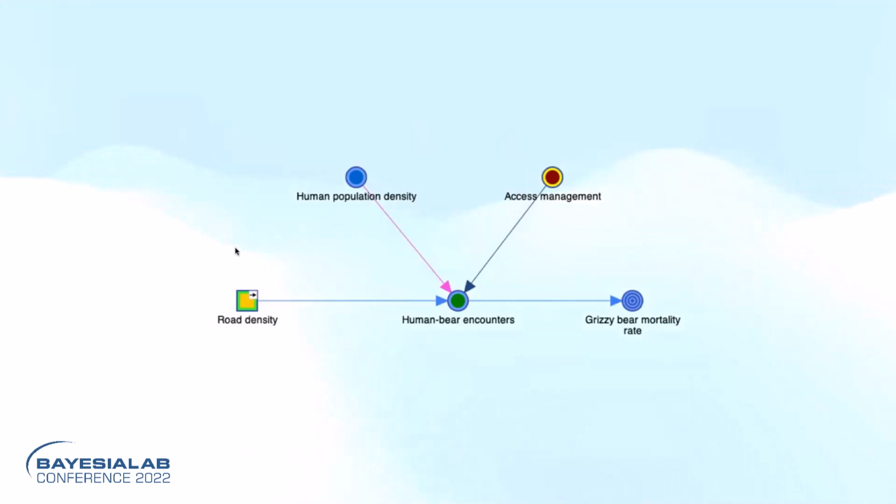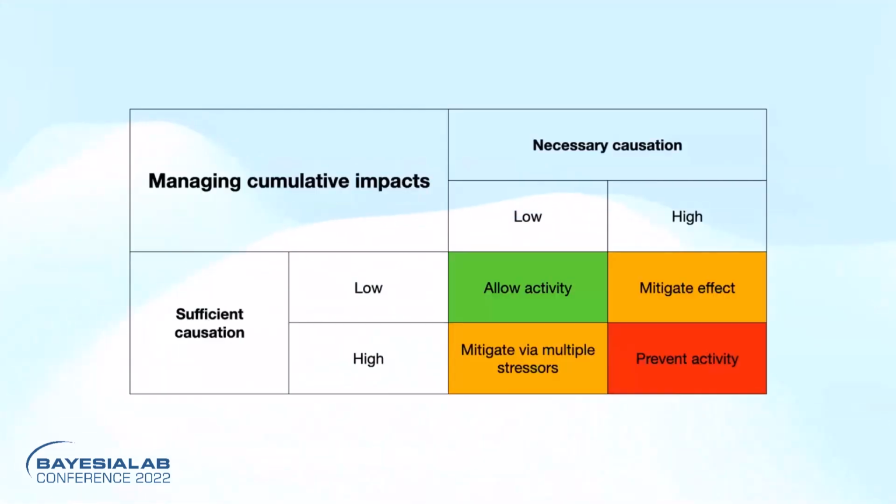So when I start to think about this and put it together in my mind, using these small toy examples, I could scale this up and think about how we handle necessary and sufficient causation in these problems. I might set it up as a table where we have low or high necessary causation and low or high sufficient causation.